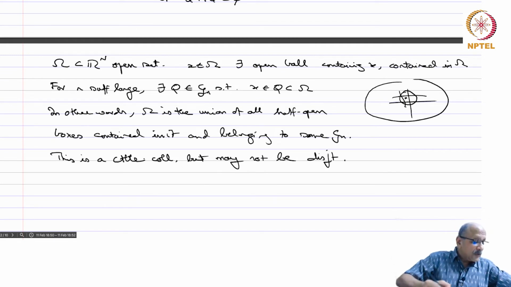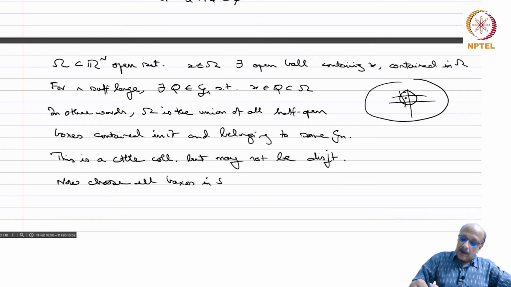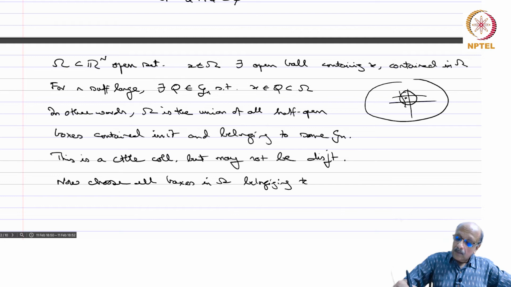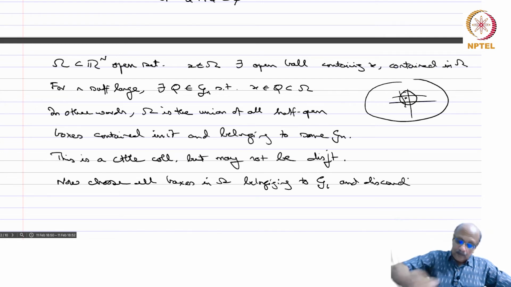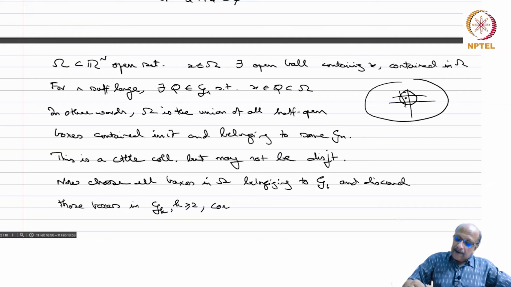So what we are going to do is the following. Now choose all boxes in omega belonging to G_1, so they will all be disjoint anyway, and discard those boxes in G_k, k greater or equal to 2, contained inside these.